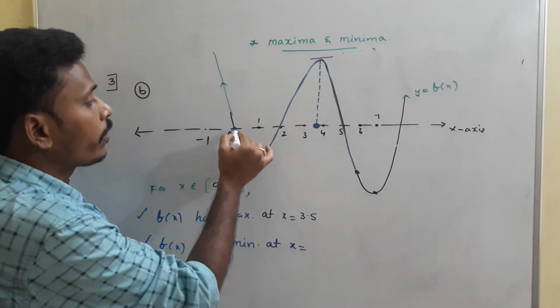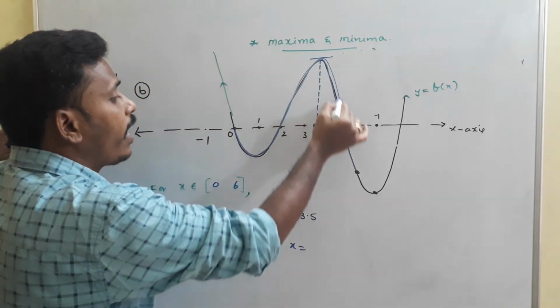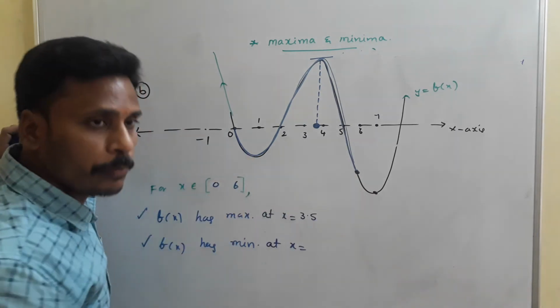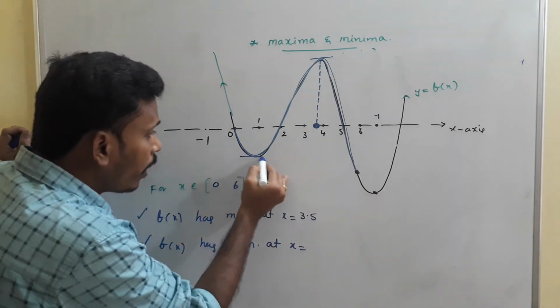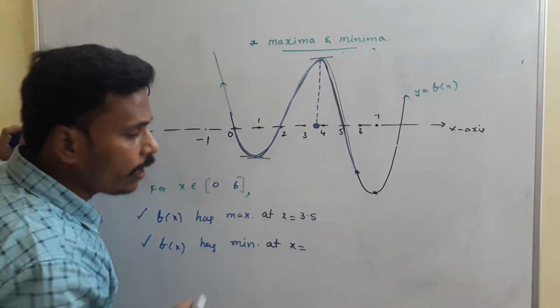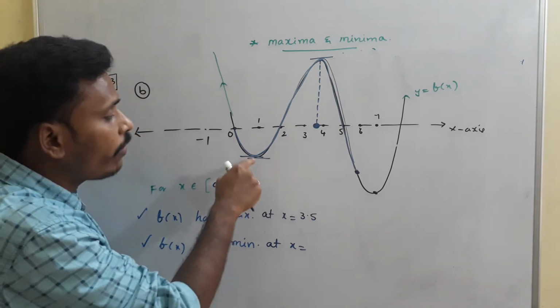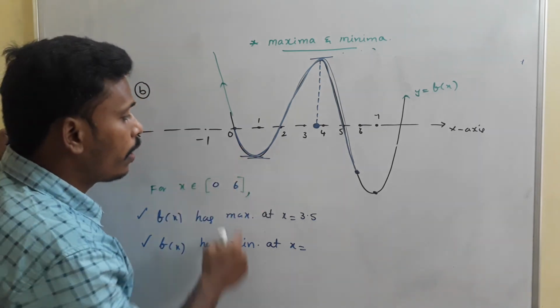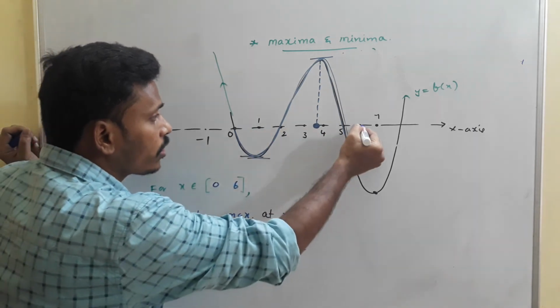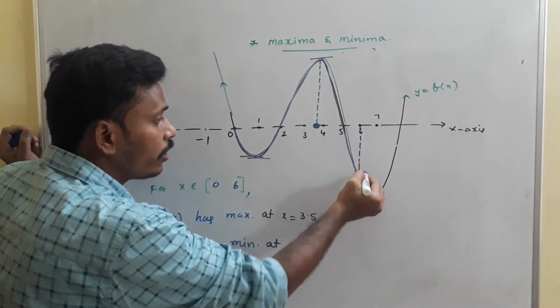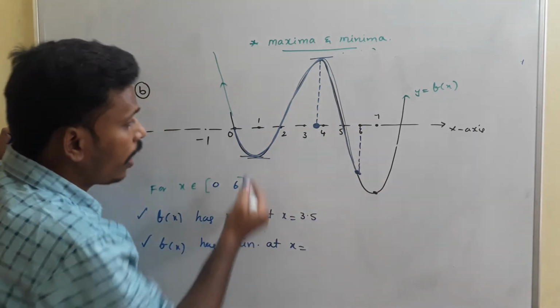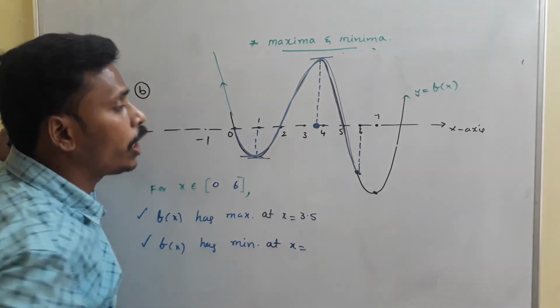In this trace of the graph, this is the lower peak point, and this may be the minimum value in the surroundings of 1. But since the interval is 0 to 6, at 6 the graph is here, the functional value is here. At -1 the functional value is here.